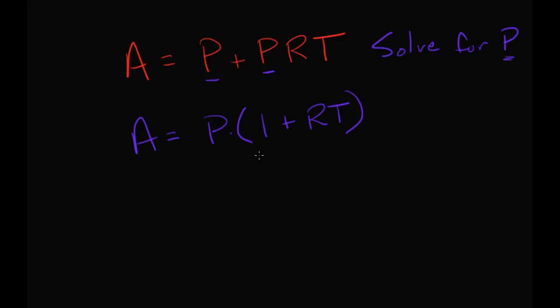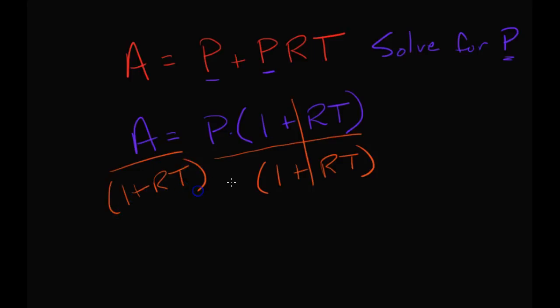So now, since I'm trying to solve for p, I would divide both sides by 1 plus rt, because this is going to cancel out. But I got to do that to the other side too, 1 plus rt. So our answer is a over 1 plus rt is equal to p.